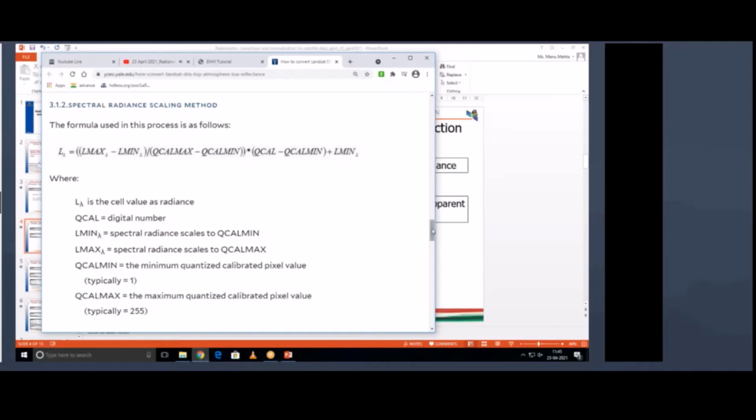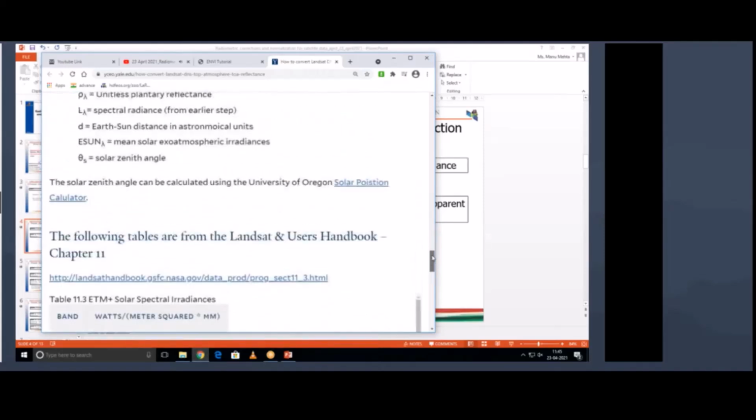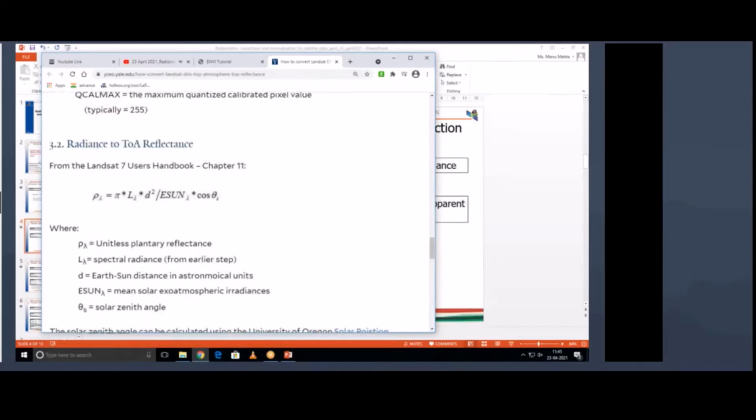For example, going back to Landsat data, you can see that the equation for radiance to top of atmosphere reflectance is provided here, where rho is the planetary reflectance or the spectral top of atmosphere reflectance, pi is 3.14, and L lambda is the spectral radiance, which you have already computed using the digital number.